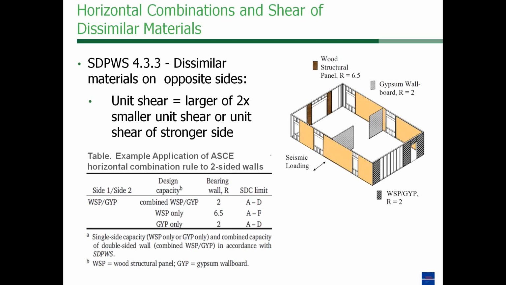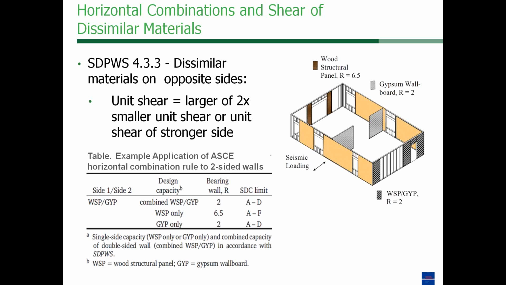So now we've got wood structural panels on this north wall. We've got gypsum by itself on the center wall, and then wood structural panels on one side and gypsum on the other side of the south wall. So we're going to hypothesize that somebody wants to use the combined strength of wood structural panels and gypsum. Maybe they're just short on their capacity and want to try and bump that up.